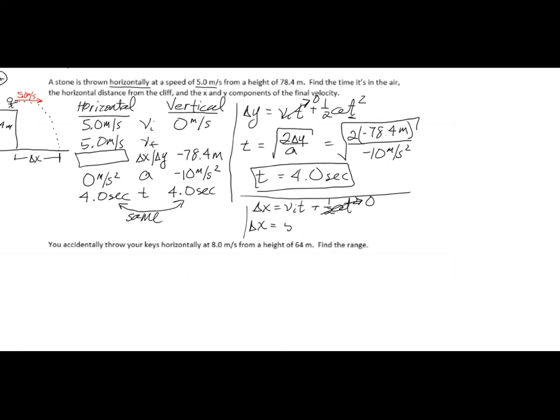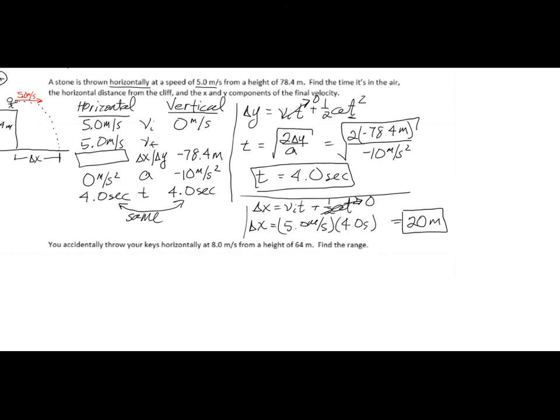So we have initial velocity 5 meters per second times the time of 4 seconds. So we have a horizontal distance of 20 meters. All right. And I'm going to just leave it there. For right now, I'm not going to worry about the components of the final velocity. If you want to work through or you have questions on that, please let me know.